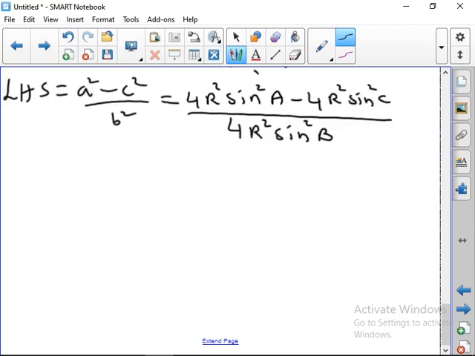So what is common in the numerator? 4R square is common, so it can be taken out.